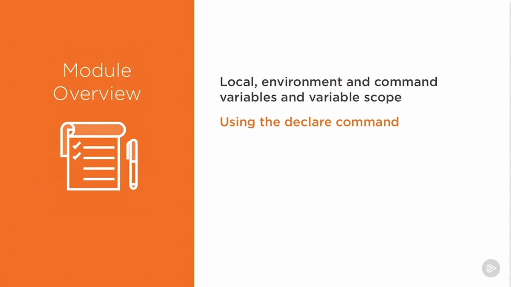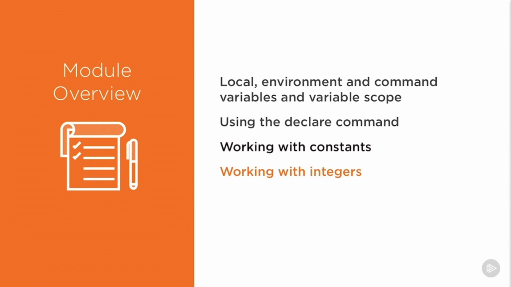We'll start this by taking a look at some of the very basics before looking at a few more things that we can do, such as creating integer variables, creating constants, and going through creating arrays. But once we've started with the declare, then as I say, we can start looking at constants, integers, and arrays, all of which can be done with that built-in command.